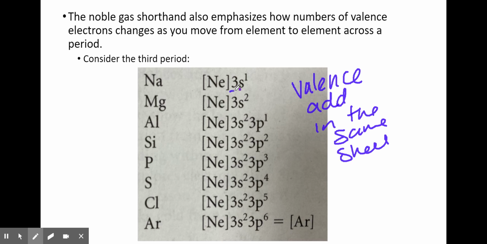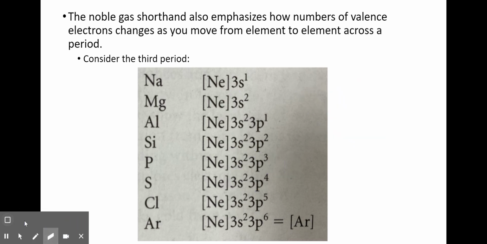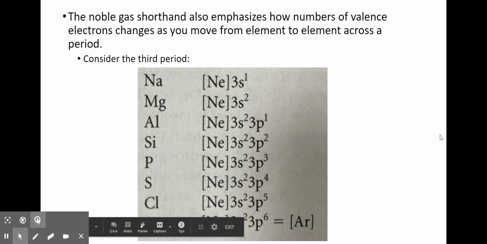Notice these are all shell 3. If we would magically throw a 4 in there somewhere, this would be the shell that we're looking at our valence electrons in. Remember, your valence electrons are in your outermost shell. So if we have a bunch of 3s and then a subshell for 4 listed in there, we would have to go with whatever the number of electrons would be in there.